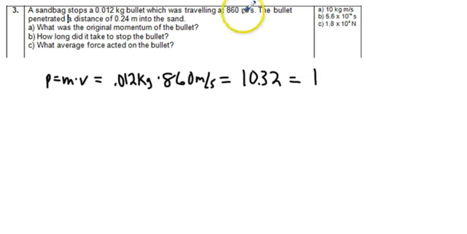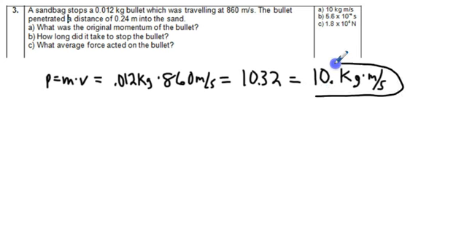I should have at least 2 significant figures because each of the values used in the calculation have 2 significant figures. So I would report this as 10 with a decimal to indicate that the 0 is significant, kilograms times meters per second. Alright, that was easy enough. Now, that was Part A.